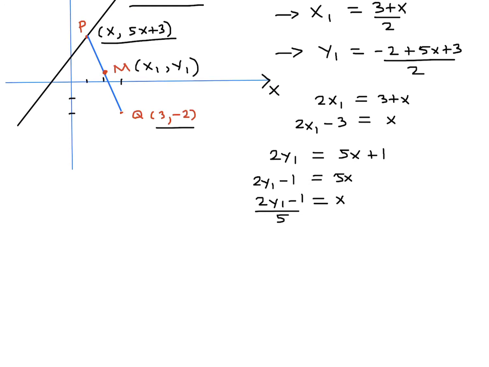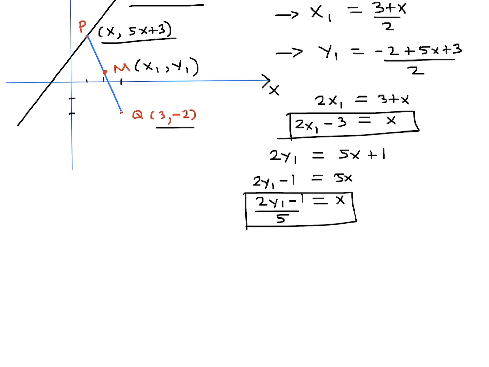So from the first one we got x is equal to 2x1 minus 3, and from the second one we got x is equal to (2y1 minus 1) over 5. All right, so those are equal to each other, correct? We basically figured out two values for x, so we can set them equal to each other: 2x1 minus 3 is equal to (2y1 minus 1) over 5.